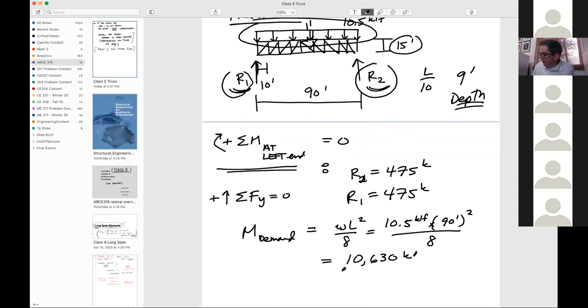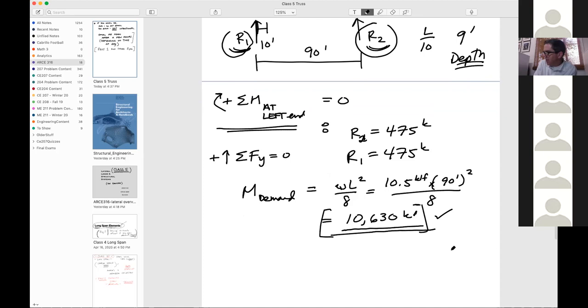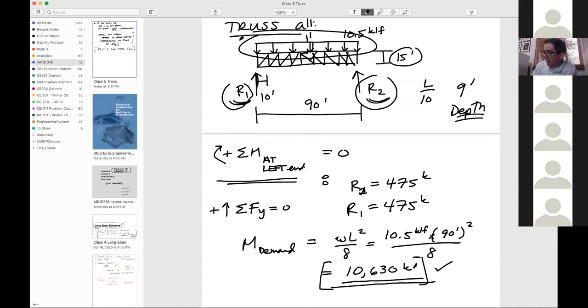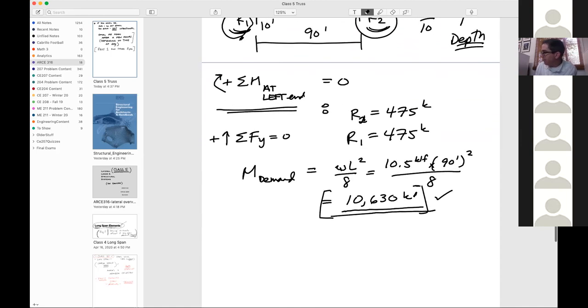So this is why we have to use a truss and not go find some W section, because we'd have a W section that is so huge, right? Or we wouldn't be able to find one that would be able to handle that much demand. And so that's why we've decided to use a truss across those 90 feet for that long span.